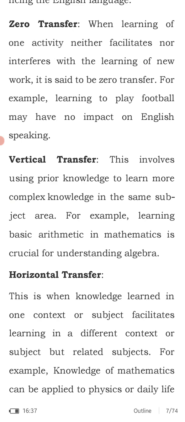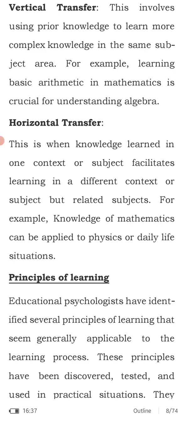Vertical transfer involves using the prior knowledge to learn more complex knowledge in the same subject area. For example, learning basic arithmetic in mathematics is crucial for understanding algebra. Horizontal transfer is when the knowledge learned in one context or subject facilitates the learning in a different context or subject, but maybe a related subject.